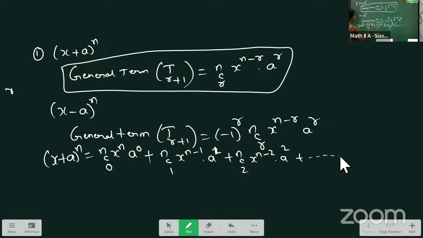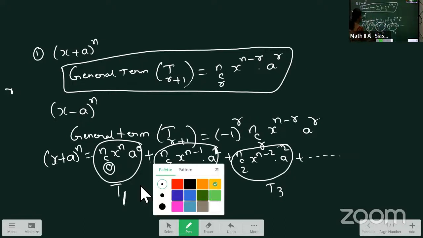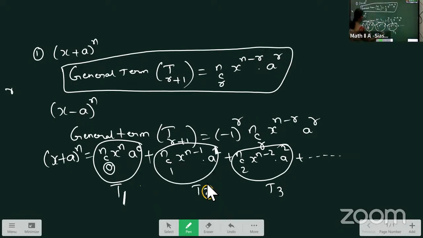Here, if you observe, the first term we call the first term, denoted by T1. And this is the second term, denoted by T2. This is the third term, denoted by T3. You might have observed that for T1, nC0 is there. If it is T2, nC1 is there.